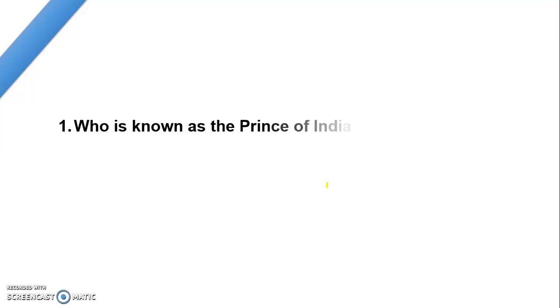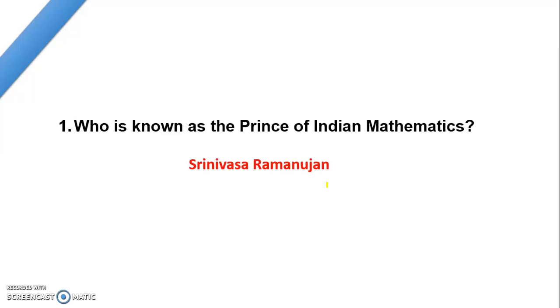From today, in this video, I am going to explain some general points regarding mathematics or science. This is the general info. First one: who is known as the Prince of Indian Mathematics?